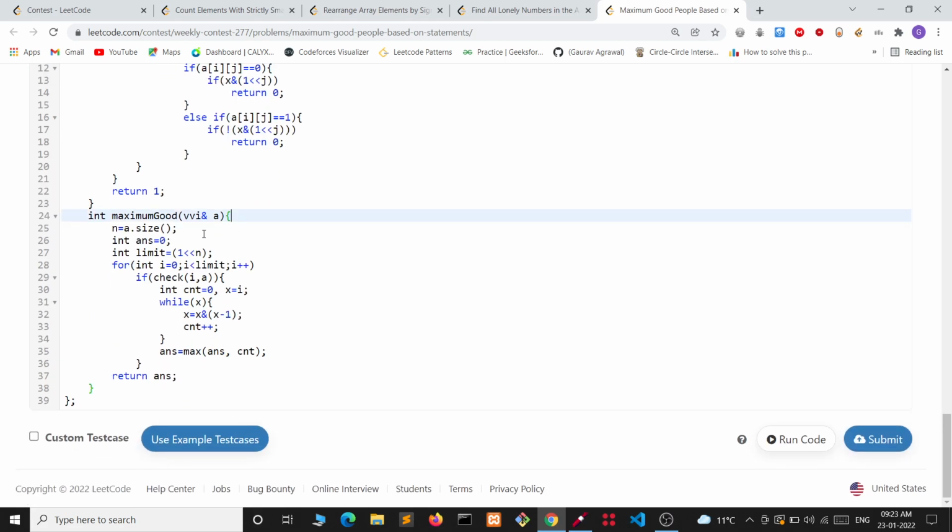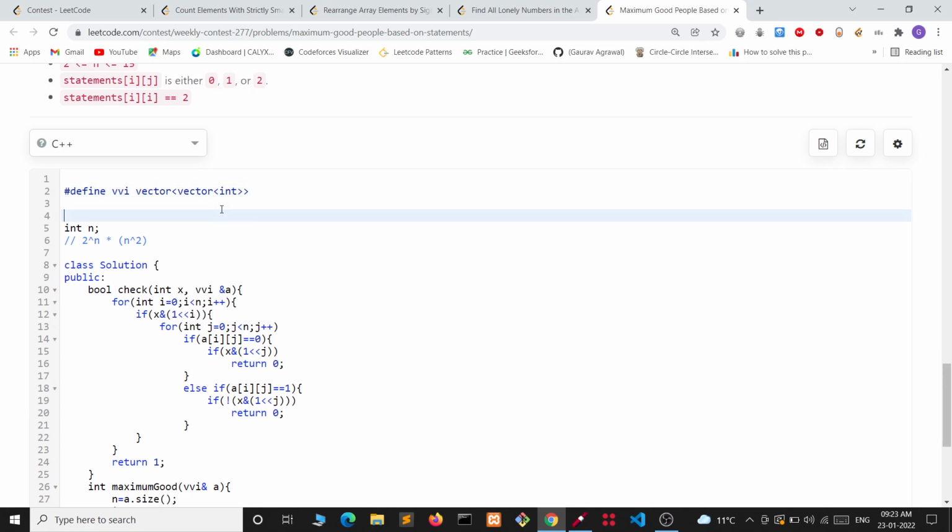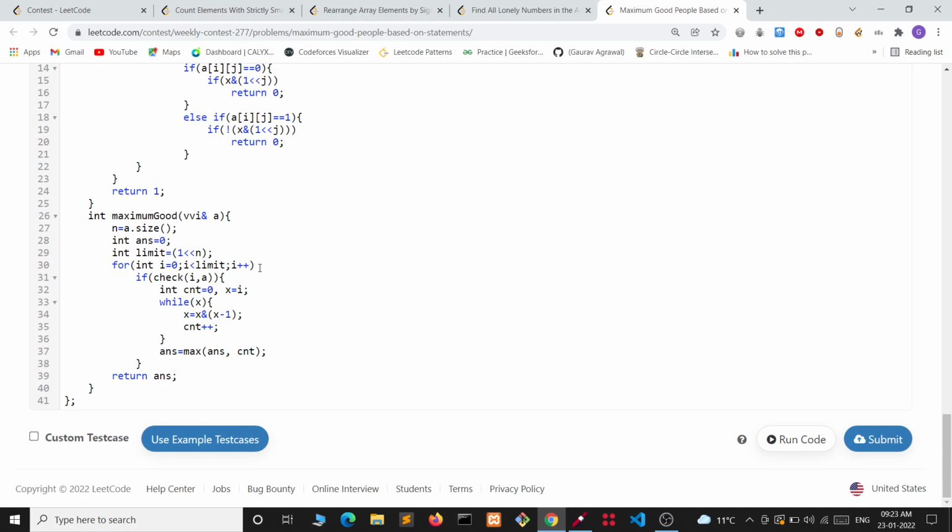Now let's see. This is a vector of vector int a.